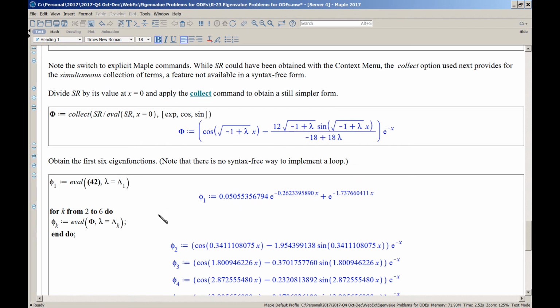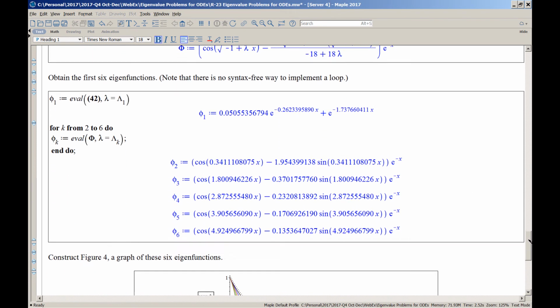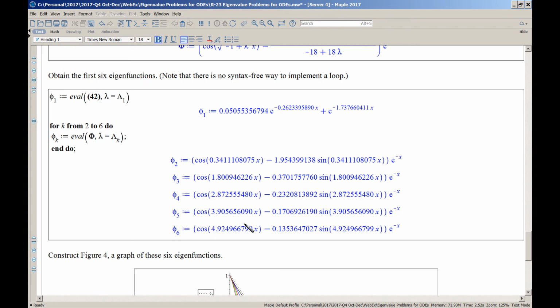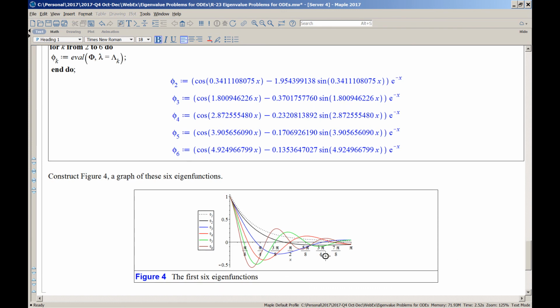Then for the rest of the eigenvalues, which are all greater than 1 now, we'll use this expression, because this expression is valid for lambda greater than 1. And I used it to write 5 more eigenfunctions. Then I graphed those eigenfunctions, and they behave in a manner which I think is reasonable for such a problem.